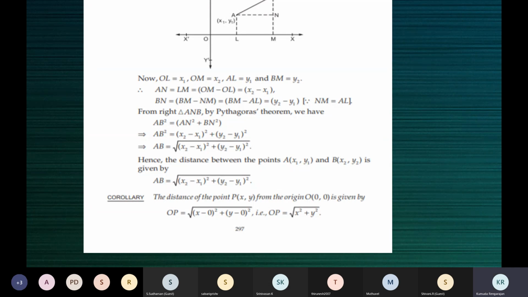A point lies on the x-axis, so in general this point is given by the coordinates x comma 0. Now a point lies on the y-axis. In general, any point lying on the y-axis is given by the coordinates 0 comma y.